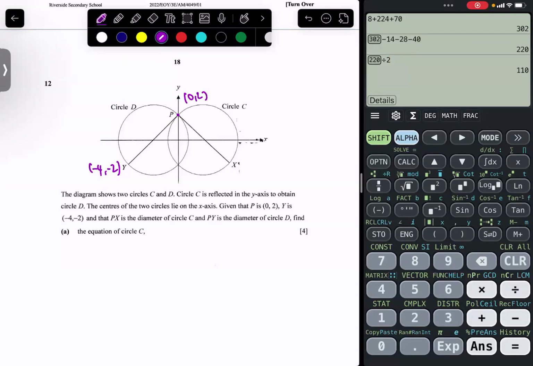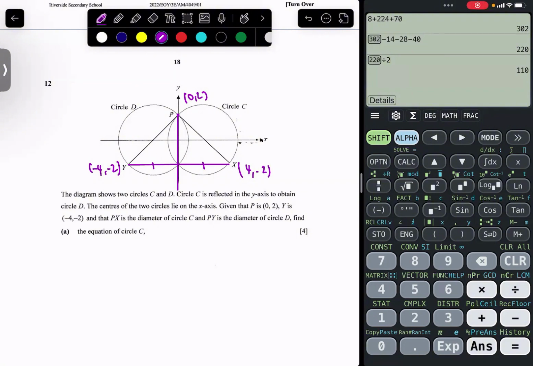If this is the line of symmetry, I mean this is the reflection line, and this is (negative 4, 2), then this part down here will be an equal distance from this part down here. So although they never give us, we can say that this is actually (4, negative 2).